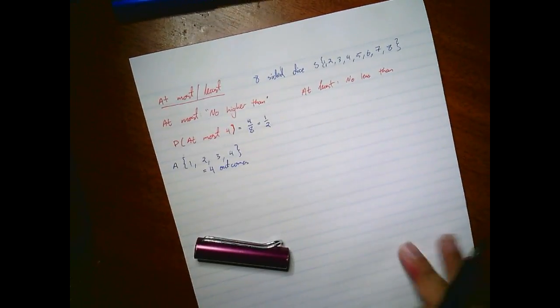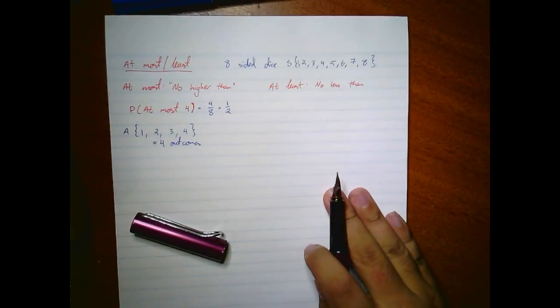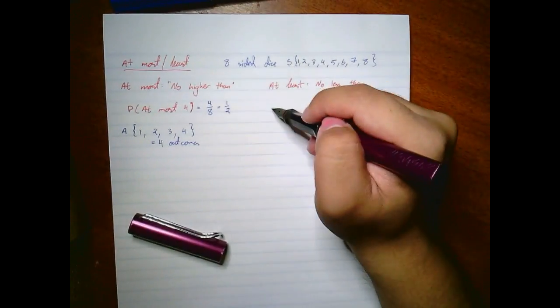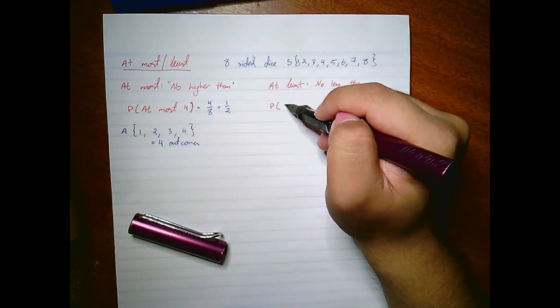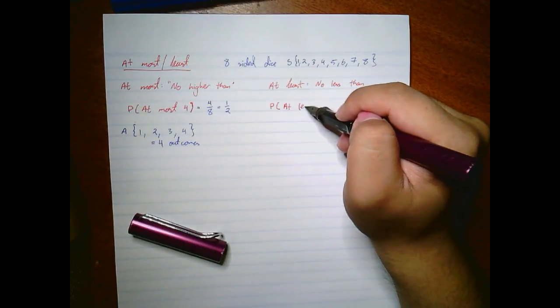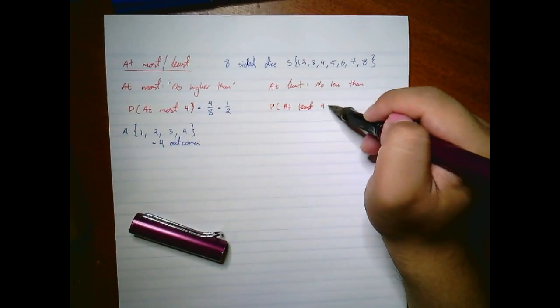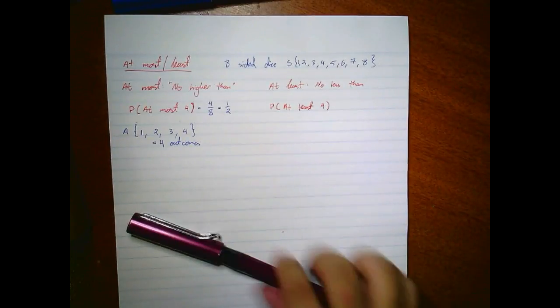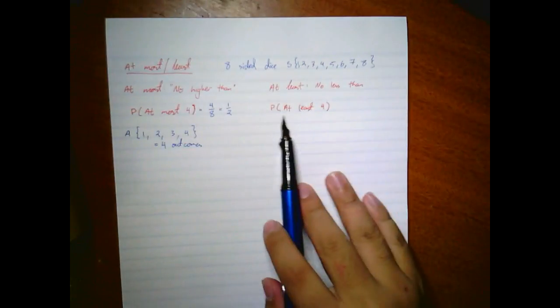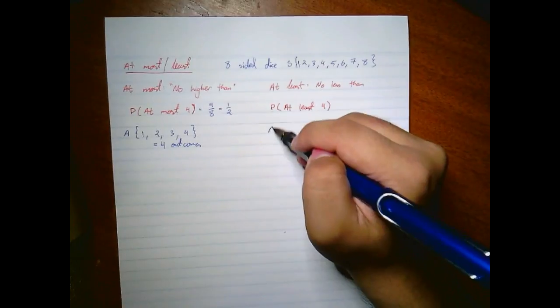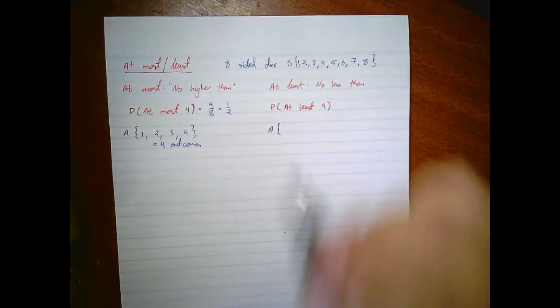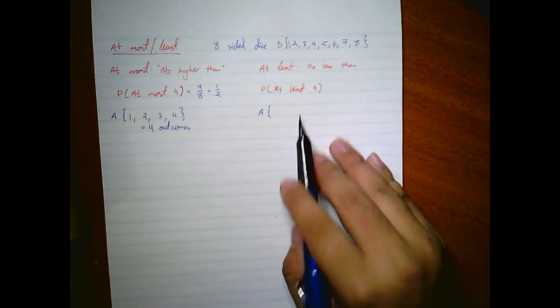And I think you can see where this is headed. So at least, we do the same thing, probability of at least 4. Same thing, we have the group A. That's A here. Okay, at least 4.